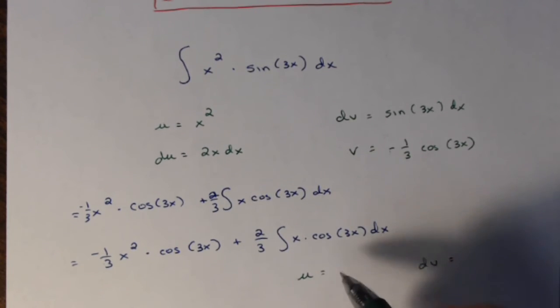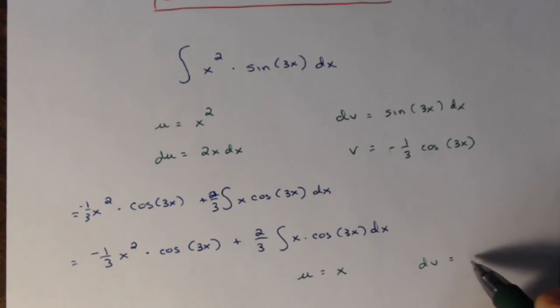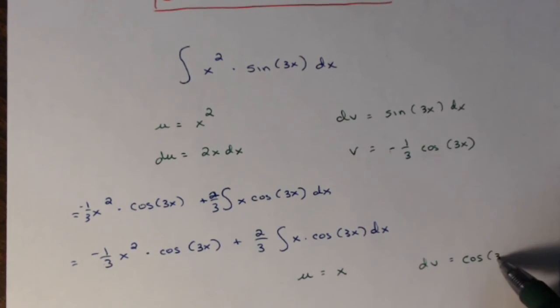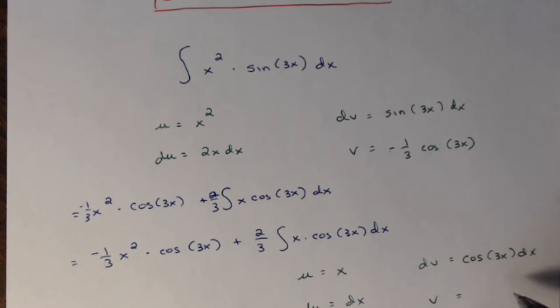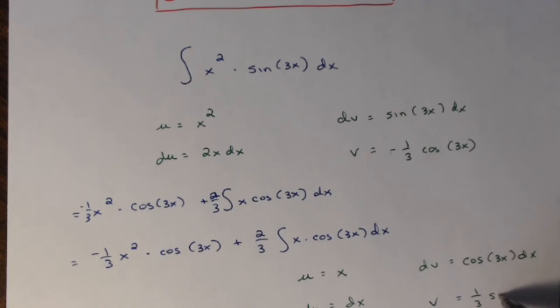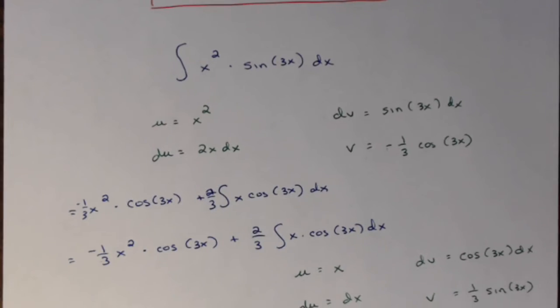I'm going to assign u to be x and dv to be the cosine of 3x dx. Differentiate. Integrate. Check my work. Cosine of 3x times 3, and that's a 1. Yep, that worked.